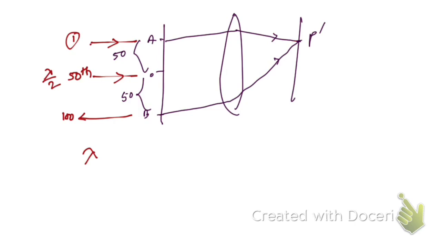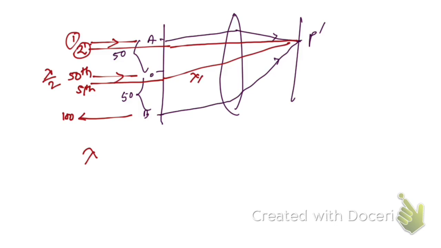Similarly, the path difference between the second one and the 51st one will also differ by lambda by 2. Again these two will be also out of phase, and so on, right?